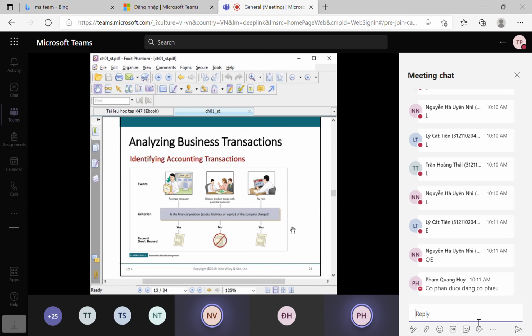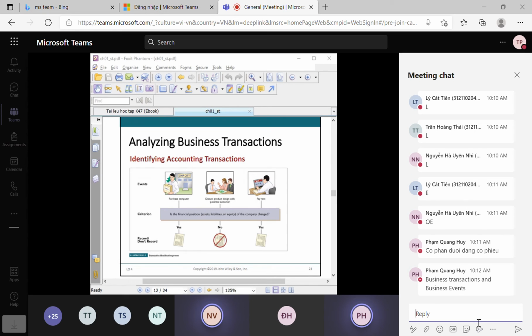Before we move to learning objective number 4, oh no, not the last. The near final, right? We have 5 objectives. We have to make a clear difference between what is different between the transaction and event.